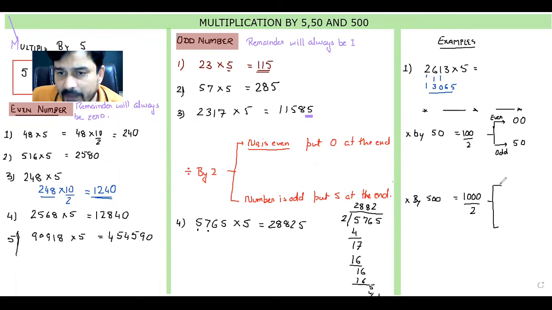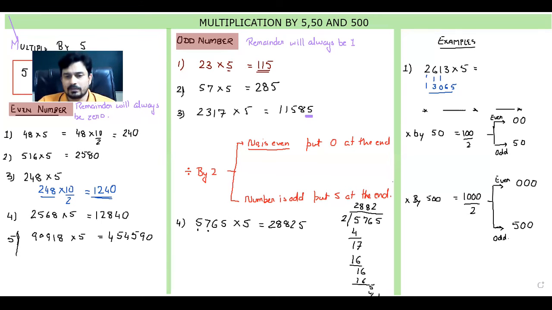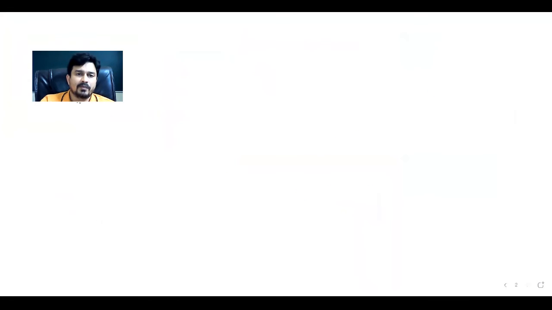For even number, that is remainder 0, put 3 zeros, and for odd numbers, that is remainder 1, put 500. Let us quickly solve few examples before I give exercise for you to solve.